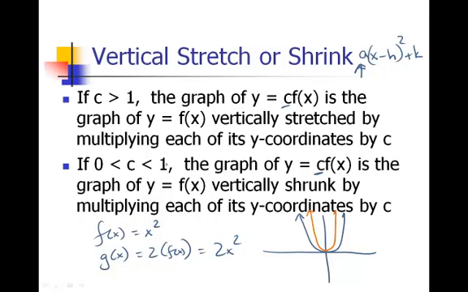And we can do the same thing with a shrink. If that a value is a fraction, like 1/2, that does a vertical shrink. So this is if a equals 1/2, and the other was if a equals 2.